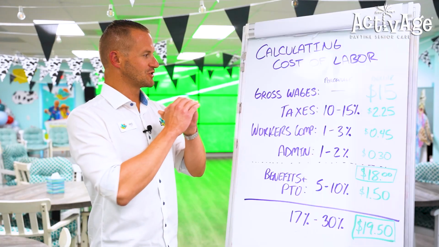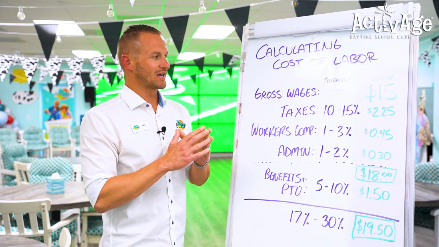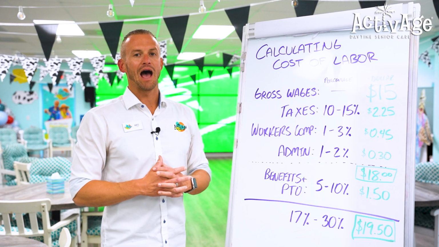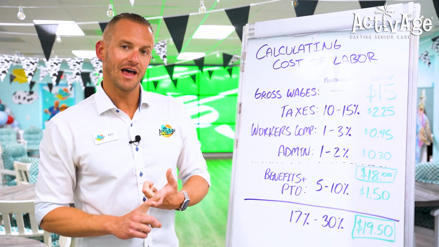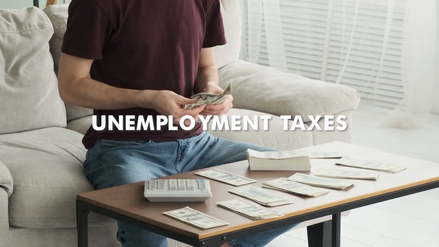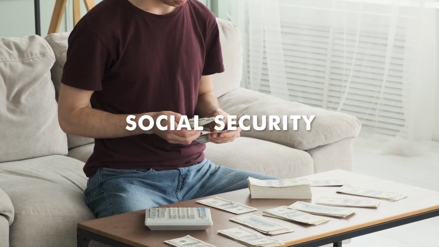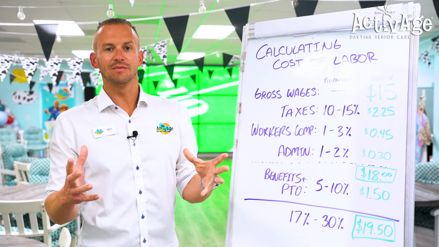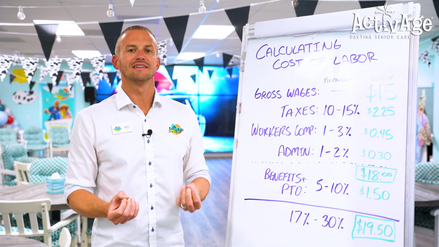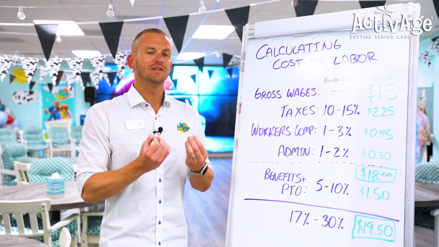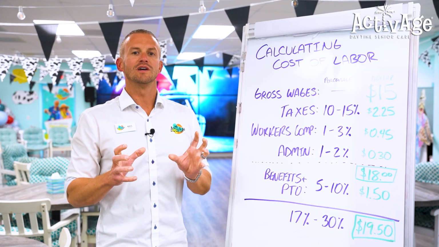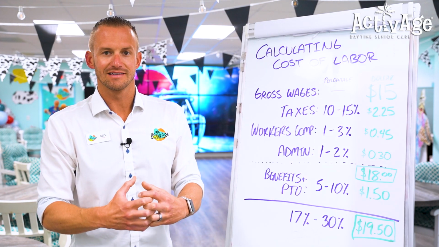So you've got your gross wages, and this is what you're committing to pay someone. In this case, we've done the $15 an hour example. On top of that, you're gonna have state taxes, unemployment taxes, Medicare, and Social Security, and every state's gonna be a little bit different. So I always think it's very important to build in a safety net of somewhere between 10 to 15% to encompass all of your taxes.